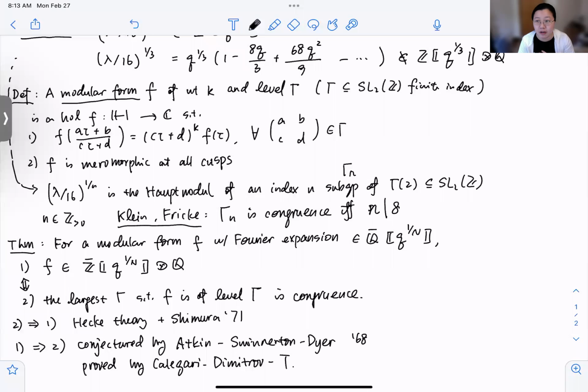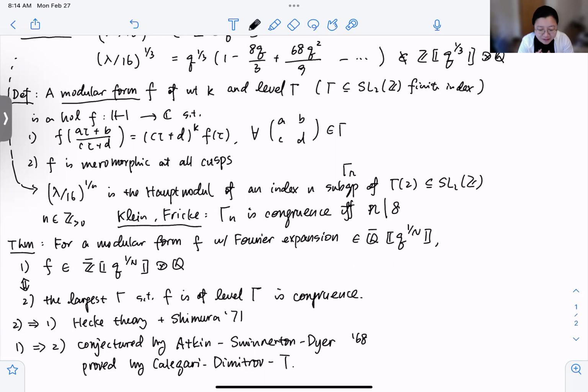This is a phenomenon which is true in general, that given any finite index subgroup gamma, it was already observed in the work of Atkin and Swinnerton-Dyer, and the proof was written down in a paper of Stroh, where they say that if you give a level gamma, there's only a finite set of primes where you would expect denominators to happen. And let me make a remark.